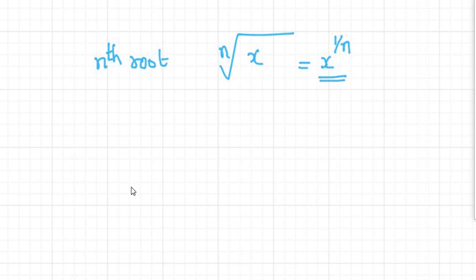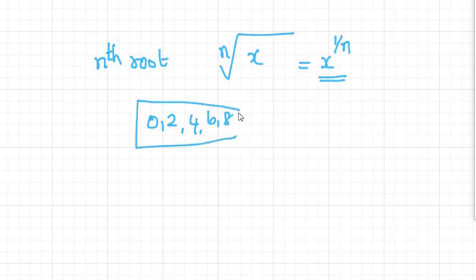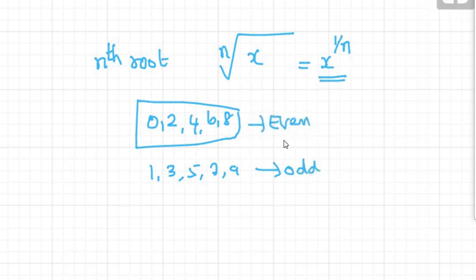Any natural number that ends with 1, 3, 5, 7, 9 is an odd number.